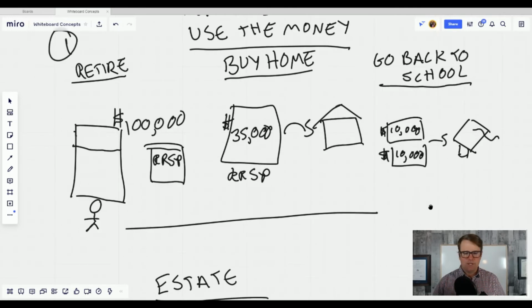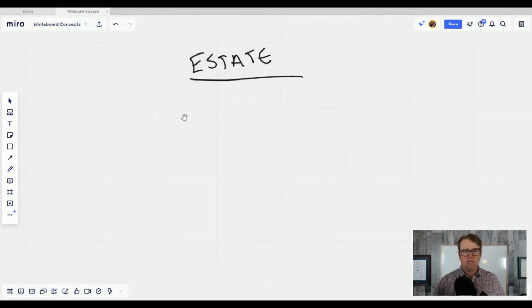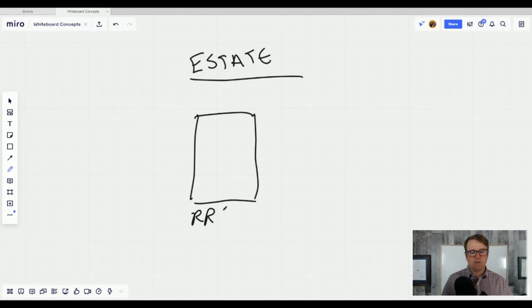Now, the next is your estate. If you're really young, you might not be thinking about this, but it is something that I help my estate planning clients with. When someone passes away and they have money inside of their RRSP, so let's say this is the money they've saved up, in that final year of life, most people have made some income either from something called old age security or Canada Pension or their own pensions or investments.